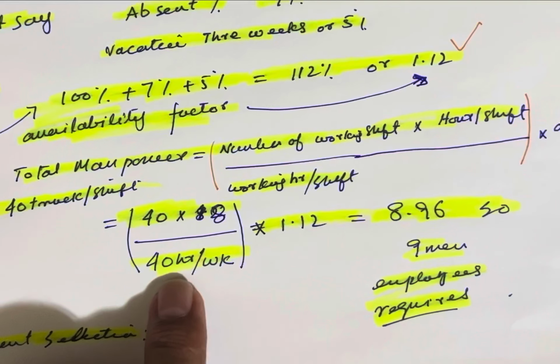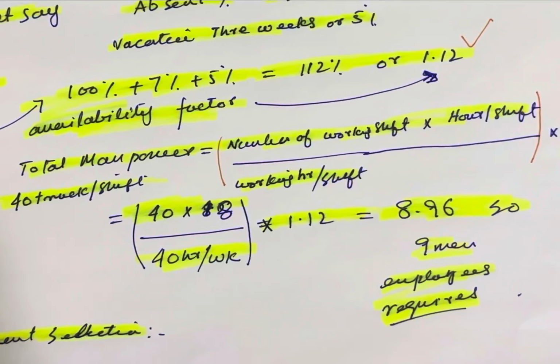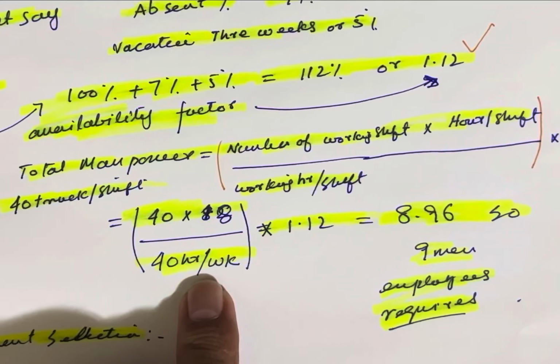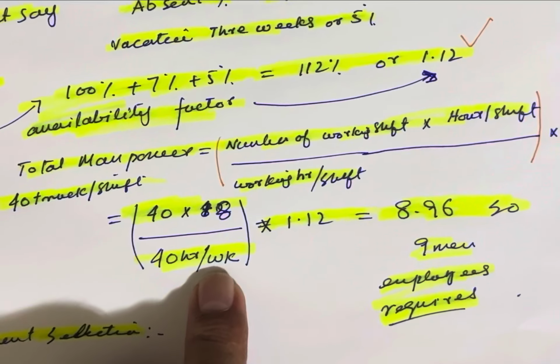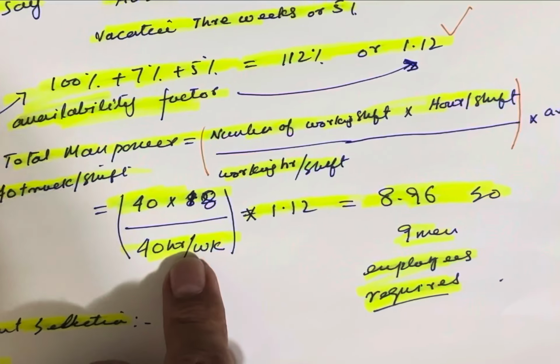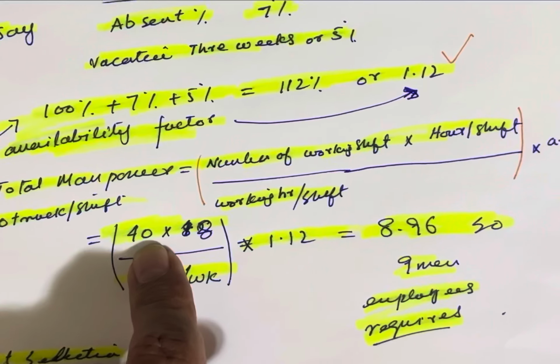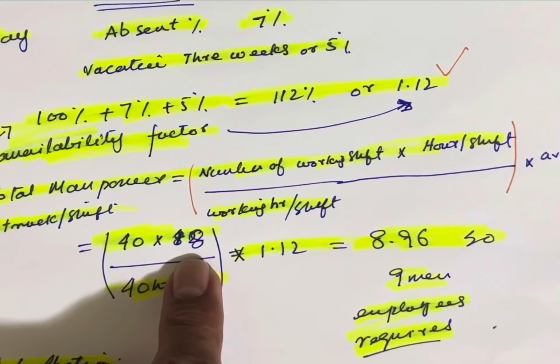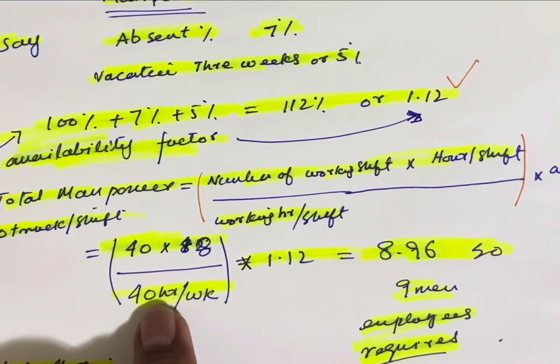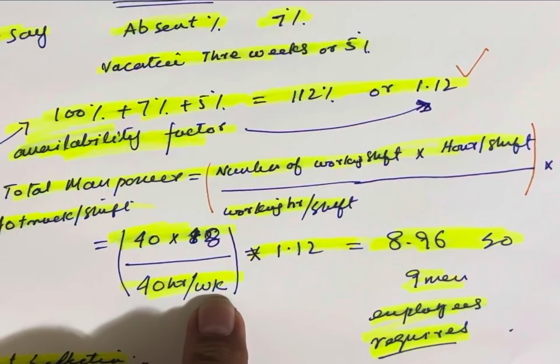40 hours per week is a full-time employee, whether laborers, employees or officers, everybody is full-time. So 40 is the number of shifts on a mining site in oil sand, multiplied by 8 hours per shift, divided by 40 hours per week.